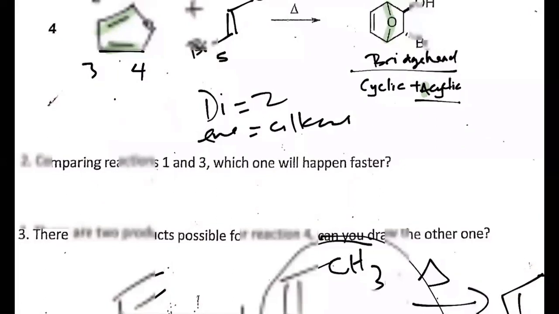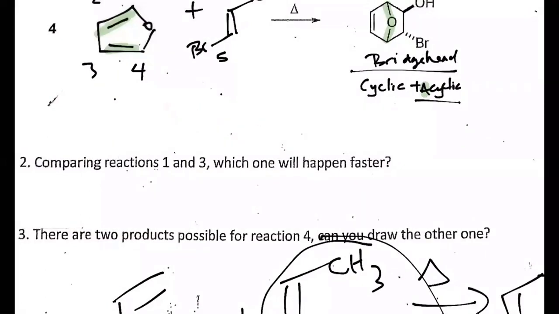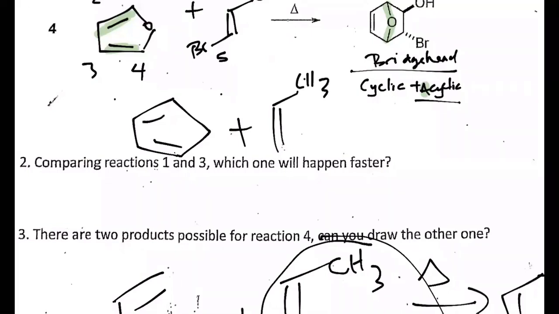Let's see. Erase this. We'll do the forward example. So what if I had something like this with no atom there? What would the product of that look like? The same thing.